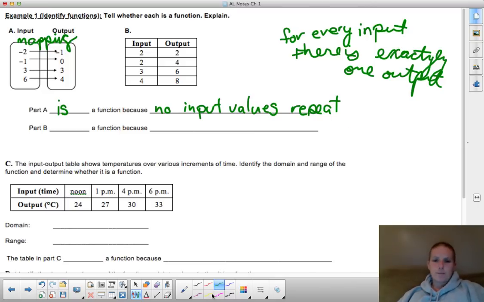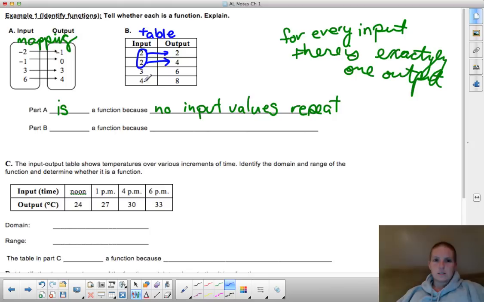So now if we look at part B, let me change colors so we know we're talking about a different problem here. This one is no longer a mapping. This is now a table. And this table, input to output, input to output. This input value of 2 has 2 different output values.